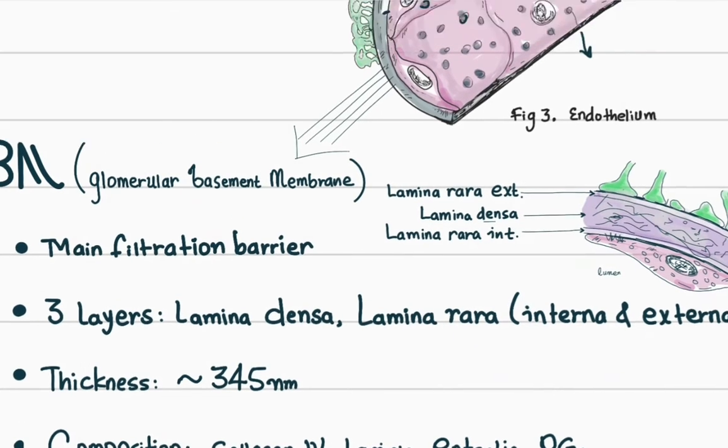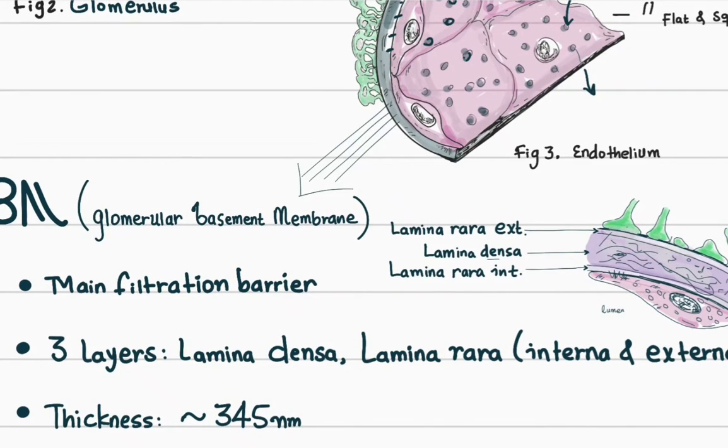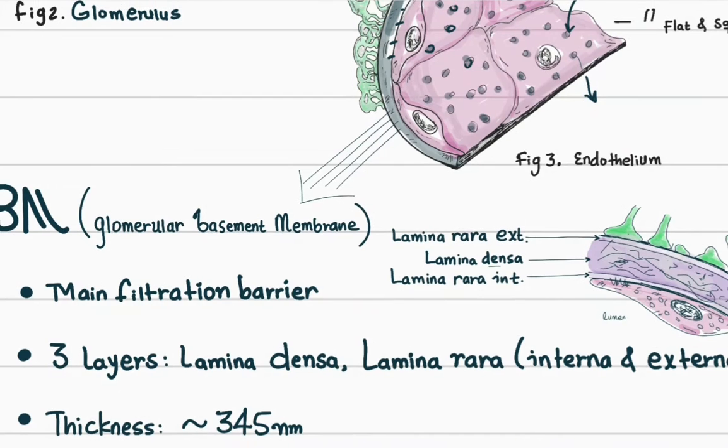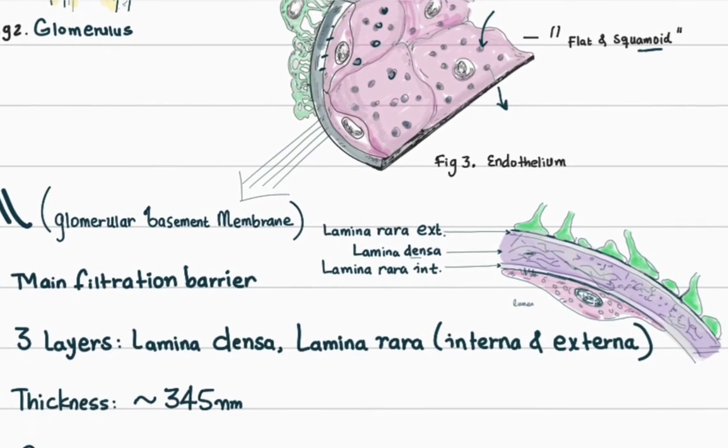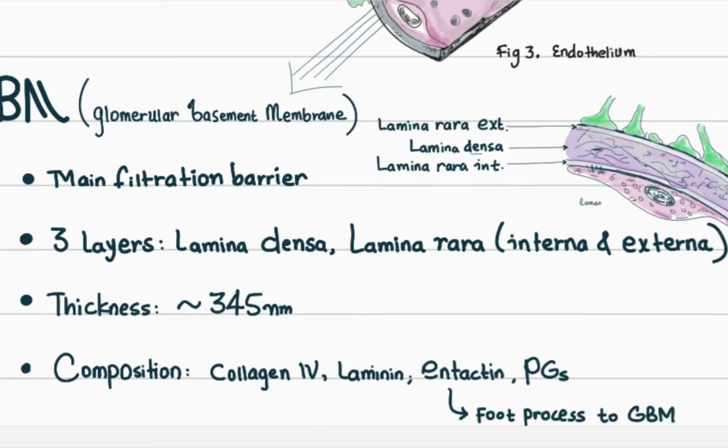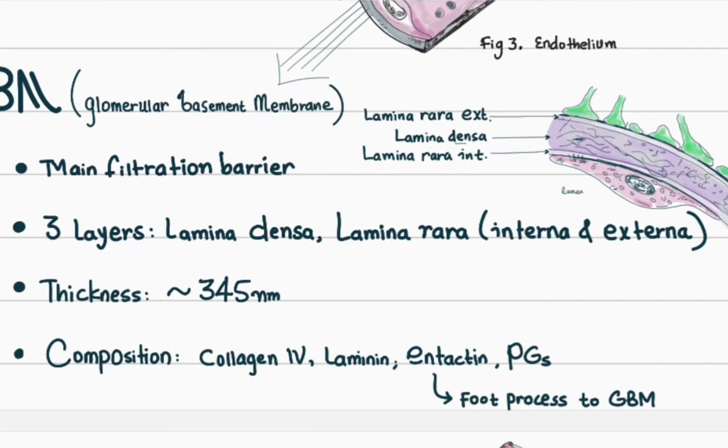This means the blood in the capillary cannot exit the capillary wall and enter the Bowman's space, because if it happened it would be pathological, that is, hematuria. It is prevented by the protective effect of the glomerular basement membrane.